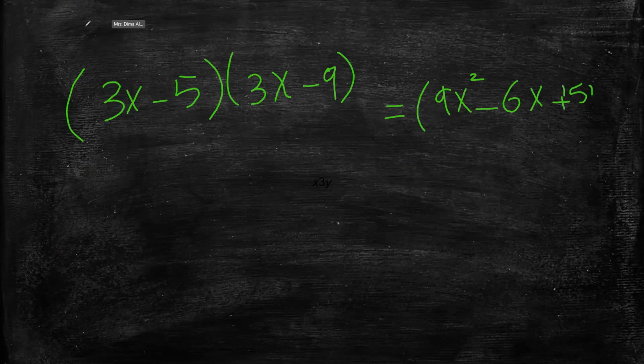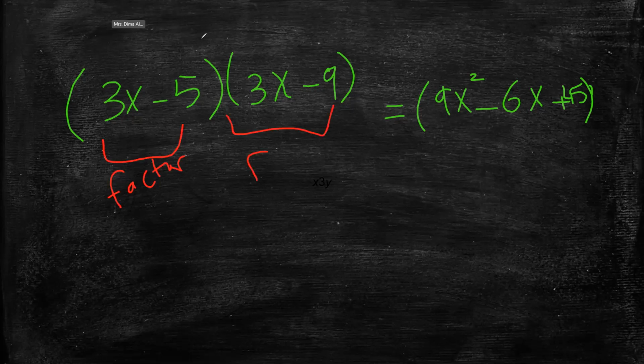Now, in the previous ones, we talked that if you have two factors, this is factor number 1 and this is factor number 2, and if you multiply them, you get the trinomial.